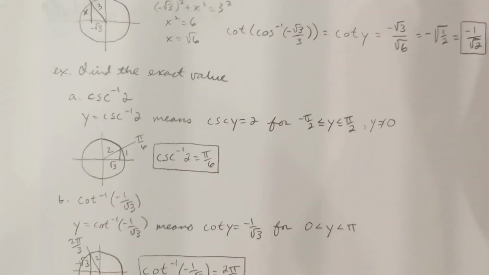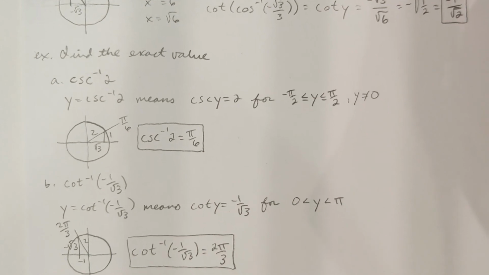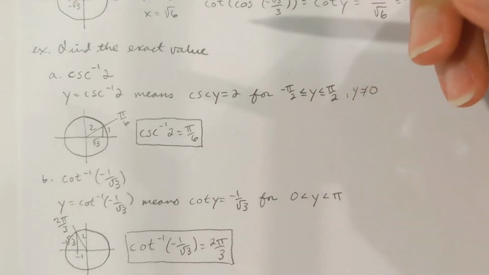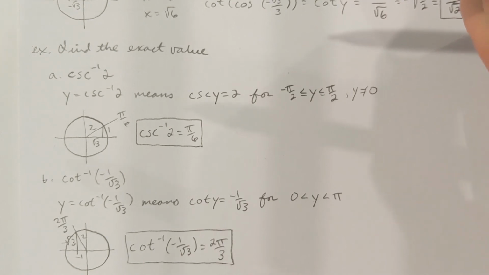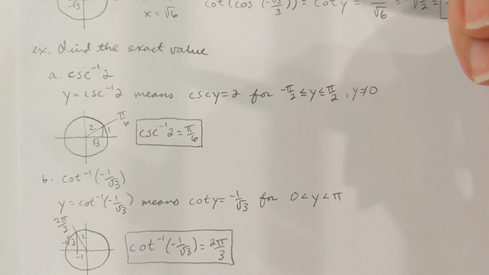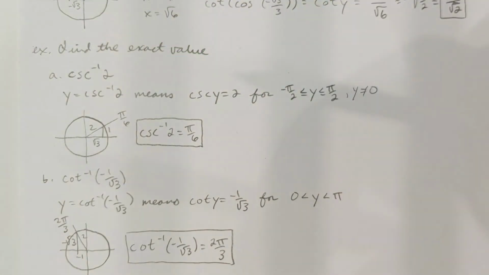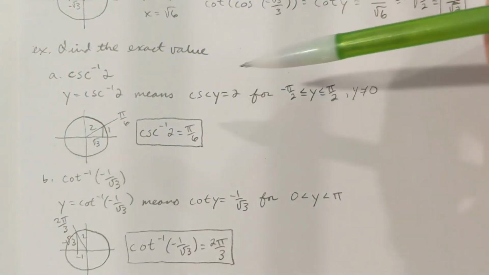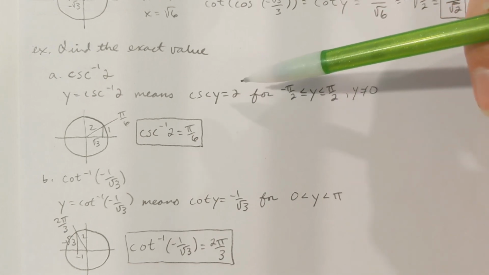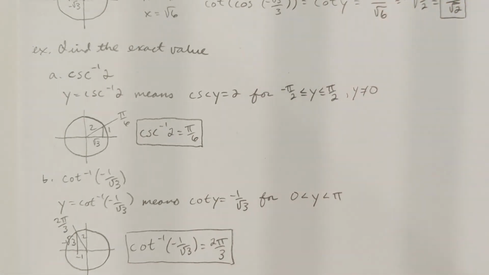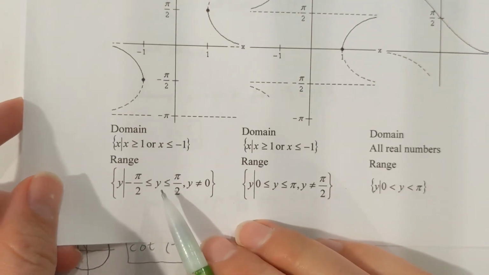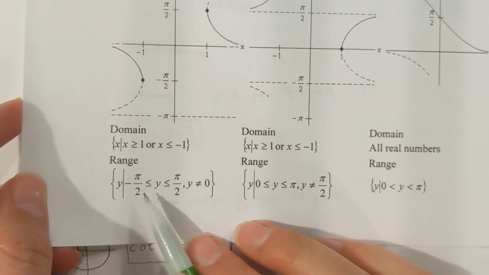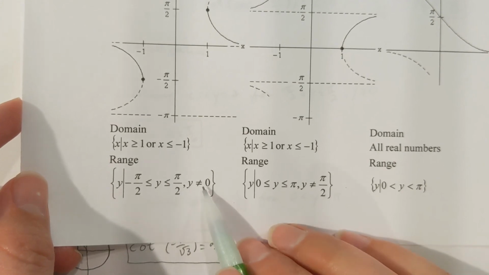Okay, we'll do some more with exact values here. So find the exact value. What if we want to know the exact value of cosecant inverse of 2? Well, if I call that y equal cosecant inverse of 2, that means that cosecant of y is 2. The range of the cosecant inverse curve is where y is ranging from negative pi over 2 to pi over 2, but y can't be 0.